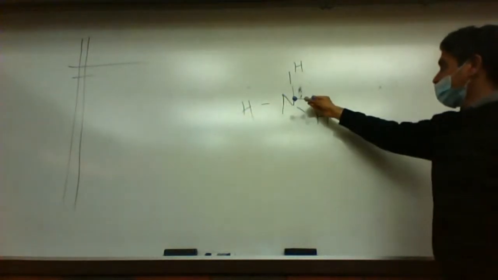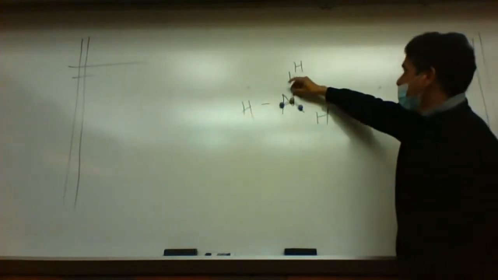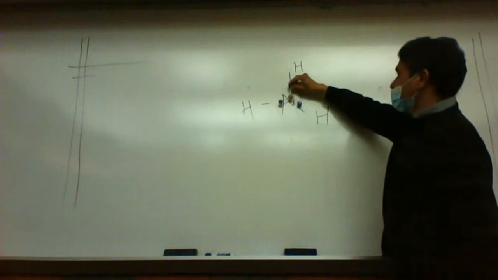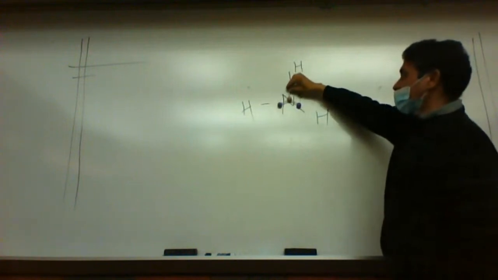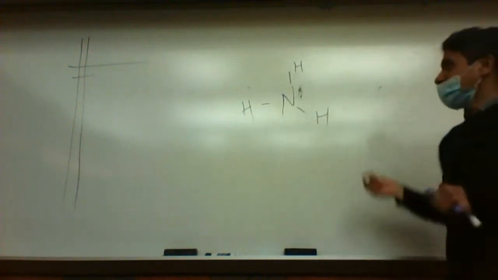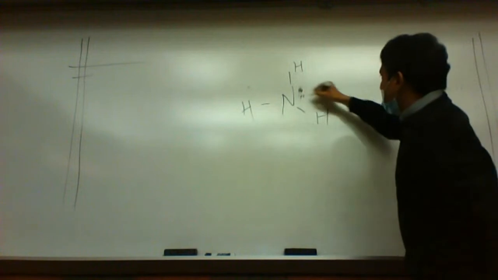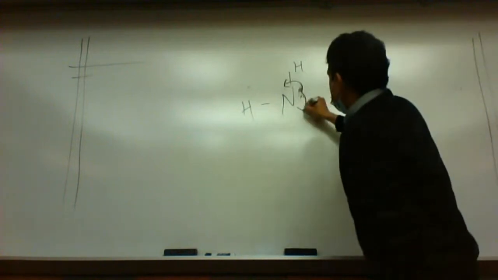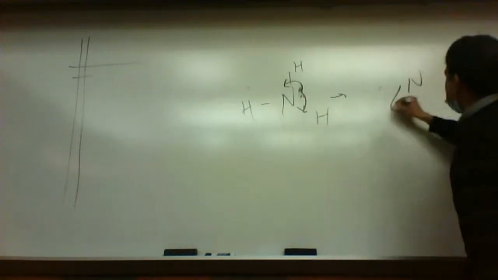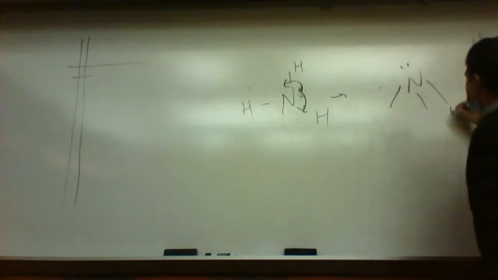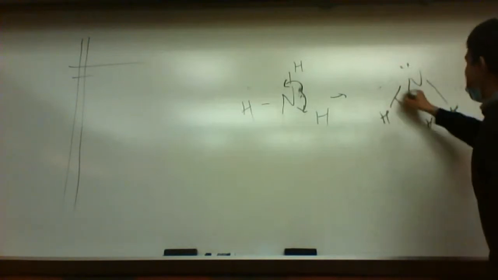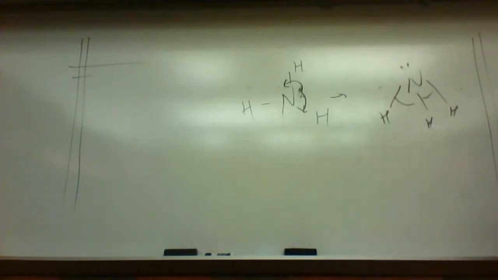It would look like this, all in the same plane. So this is hydrogen, this is hydrogen, this is hydrogen, this is nitrogen, and they are all in the same plane. But since nitrogen has a lone pair here, it pushes these bonds, and the nitrogen is really a pyramidal structure. Pyramidal structure, and the bond angle is about 107 degrees.